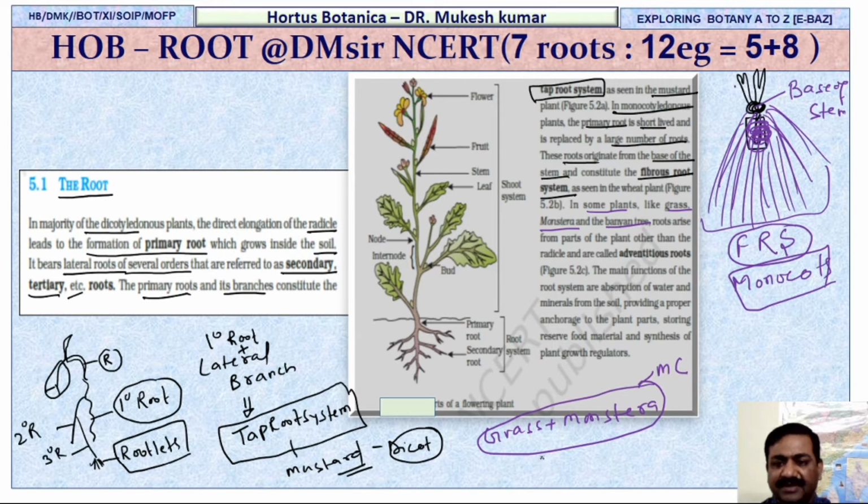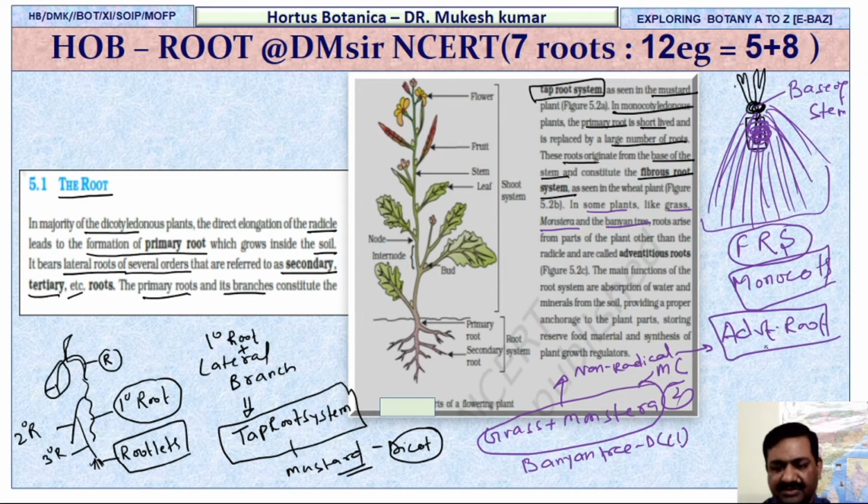Another example we have is the banyan tree, and this banyan tree is a dicot. So we have two monocots and one dicot, three examples, and these are the non-radicle part, and this non-radicle part root is called adventitious root, isn't it?